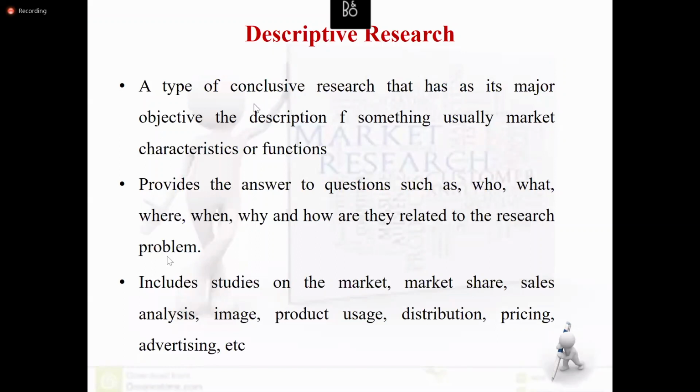So here, what happens is most of the time you try to find out the nature or the characteristics, or it may be the functions that you are finding out. Now, say for instance, like the earlier example regarding finding out the satisfaction level, right?